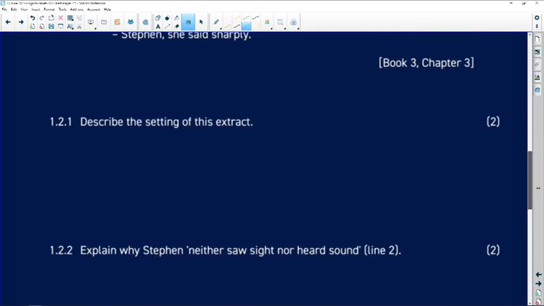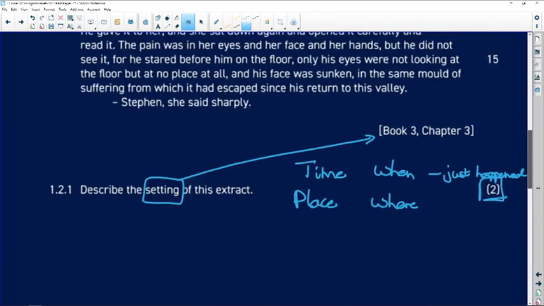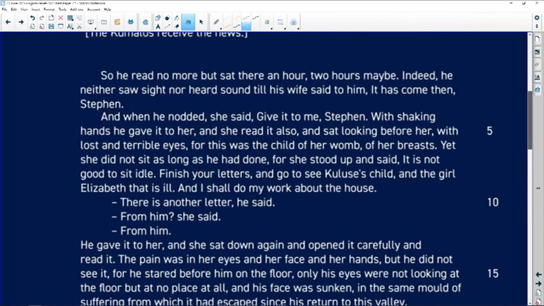Now, setting. A lot of candidates simply say, this is book 3, chapter 3. No. With setting, there are 2 marks. You've got to do time and place. When and where. With the when, tell me what has just happened. Don't go right back to the beginning. So if we look at this extract, don't say Stephen went to Johannesburg.